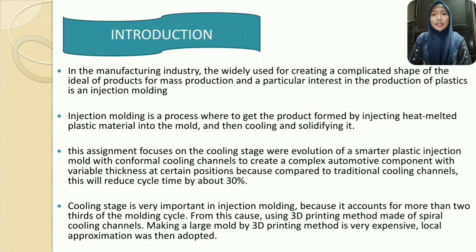But in this assignment, we only focus on the cooling stage, where the evolution of a smart plastic injection mold with conformal cooling channel creates a complex automotive component with variable thickness at certain positions, because compared to the traditional cooling channel, it will reduce cycle time by about 30%.